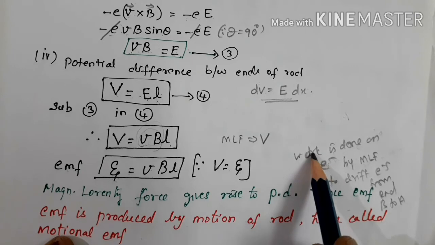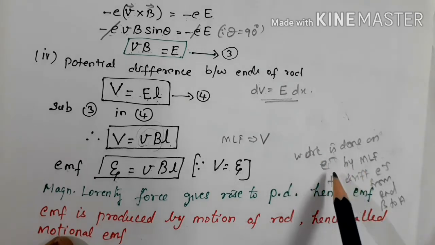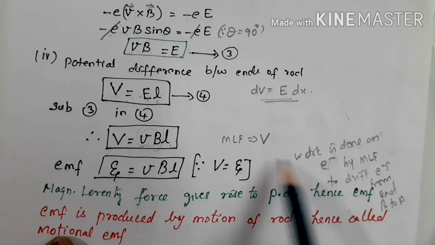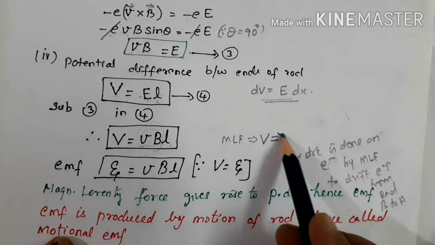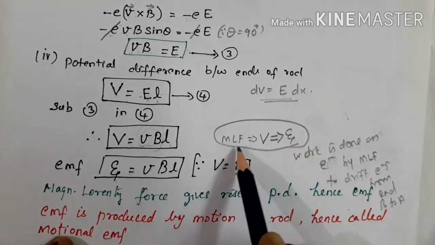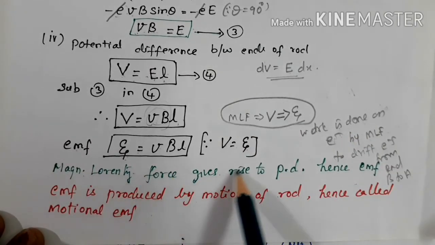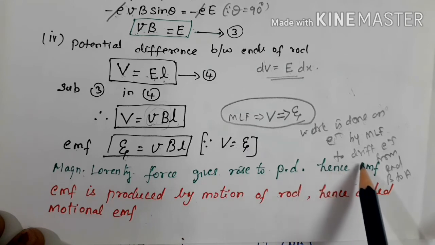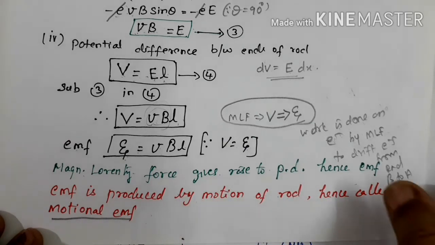This work done is what we call the EMF. So the magnetic Lorentz force gives rise to the potential difference, hence the EMF. Why do we call it the motional EMF? The EMF is produced by the motion of the rod, hence we call it the motional EMF.